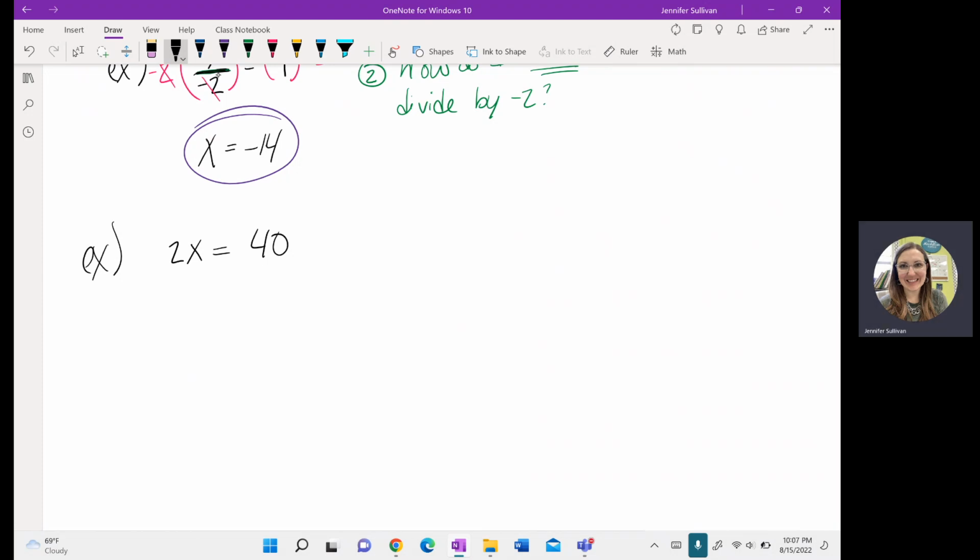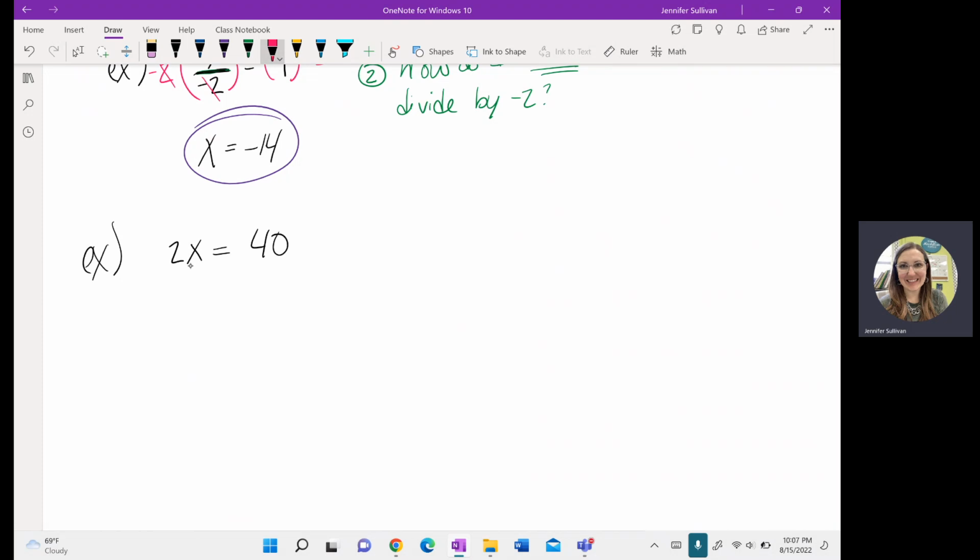If I look at this equation here and say, what number x, okay, anytime I see a variable, I can read that what number. So I'm going to say what number, when I multiply it by 2, is going to give me 40. You can figure that out on your own without following my steps, but I want you to follow the steps, please.